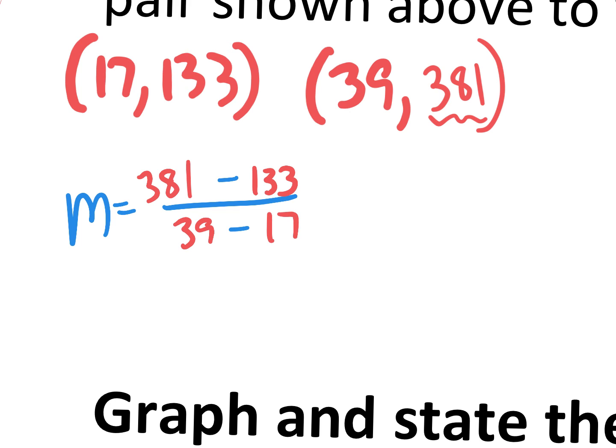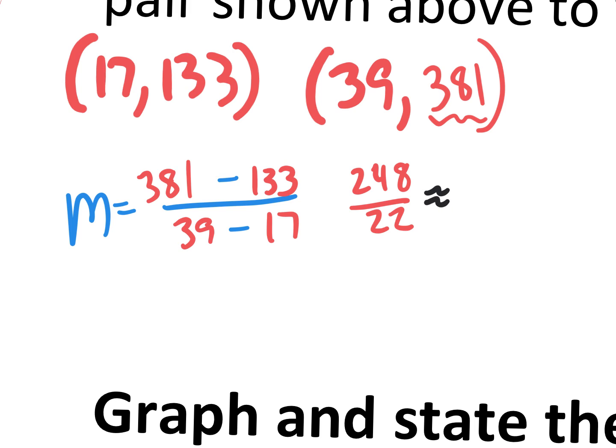Now some math with the calculator. What's 381 take away 133? We end up with 248 on top, and 39 take away 17 is 22. And what is 248 divided by 22?